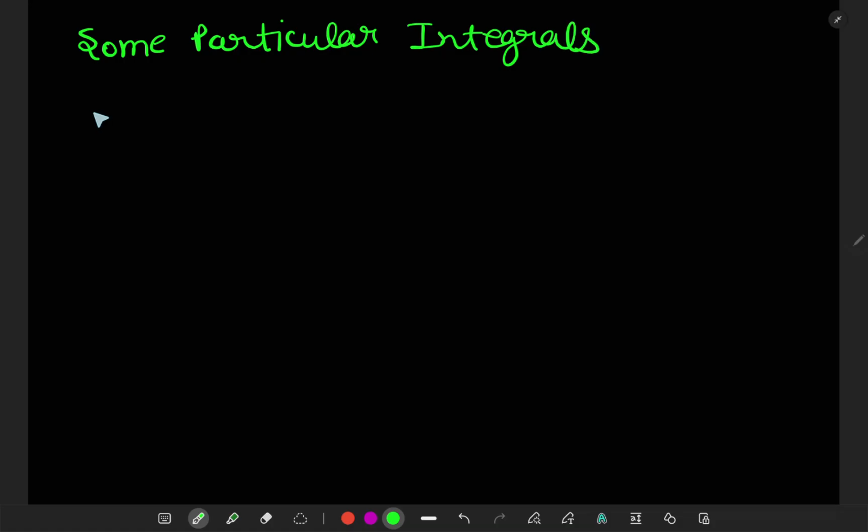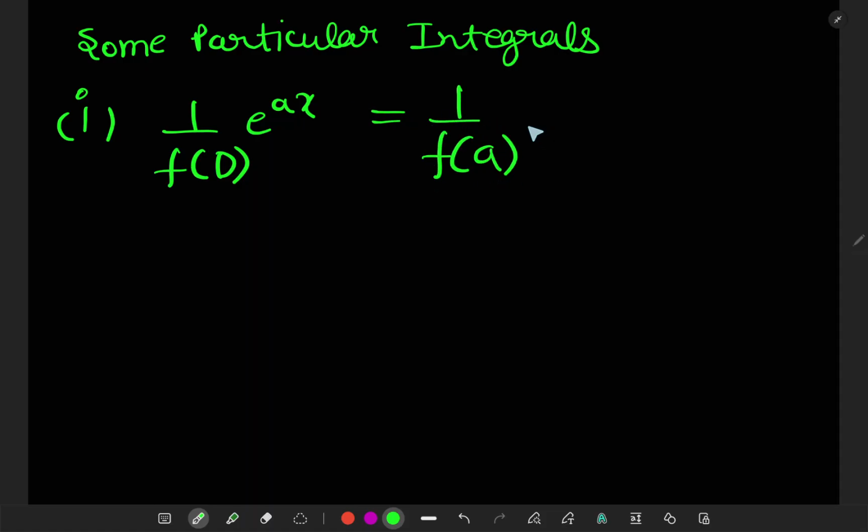Now some particular integrals. First is 1 by f d e raised to power ax. We can write here d is equal to a, 1 by f a into e raised to power ax.